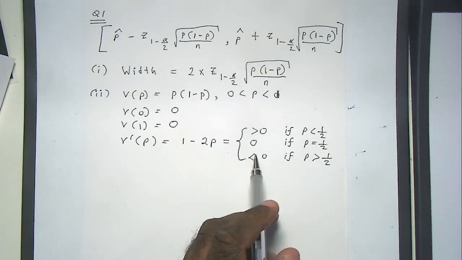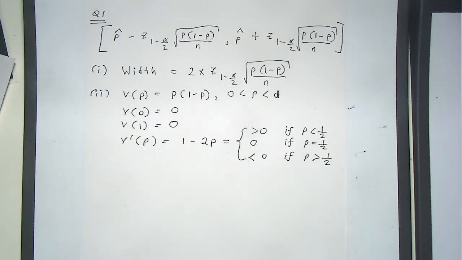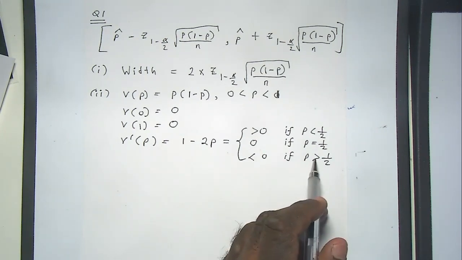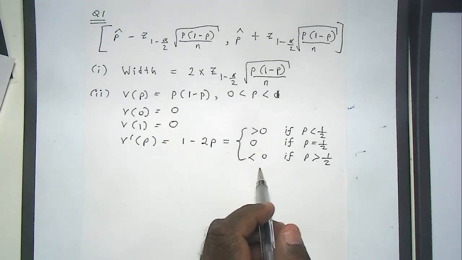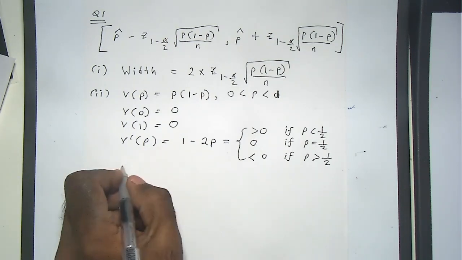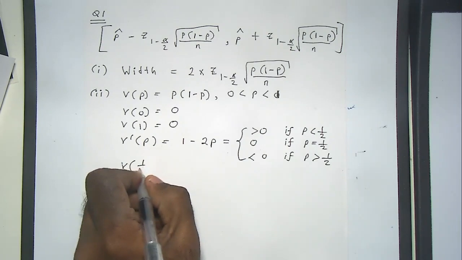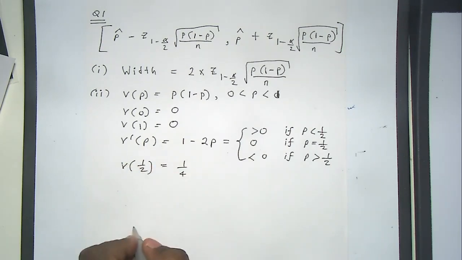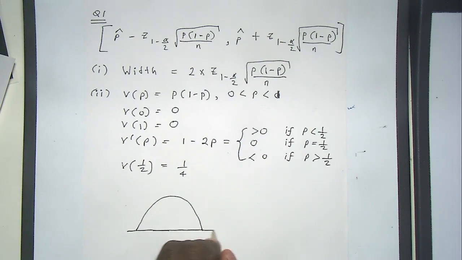So what it says is that it's an increasing function when p is less than half, and 0 when p is half, and a decreasing function when p is greater than half. Now we know that v at half is equal to a quarter, so the function will look like this. You should plot it. I'm not very good in drawing, as you all know.